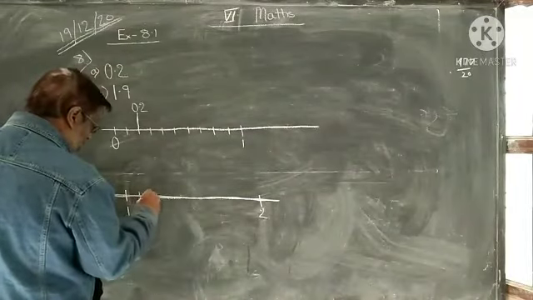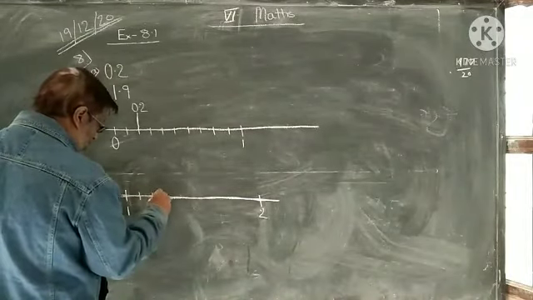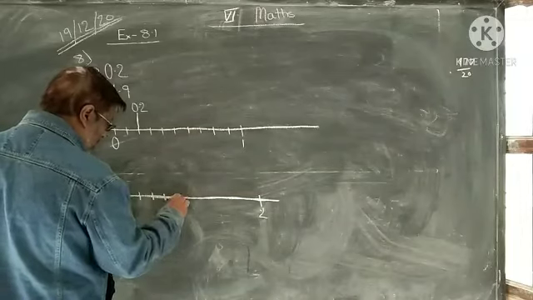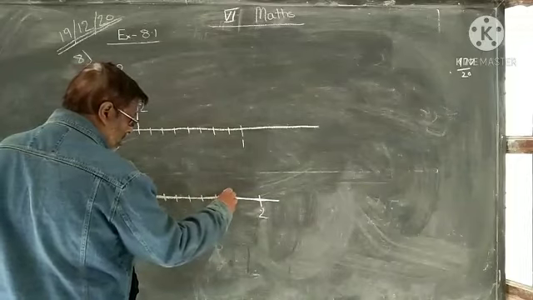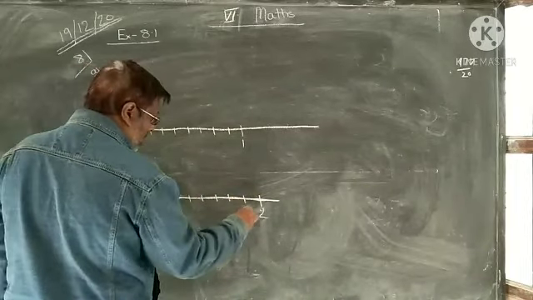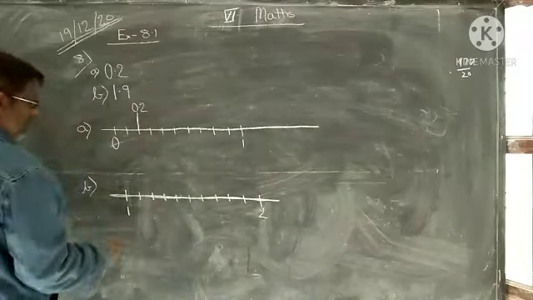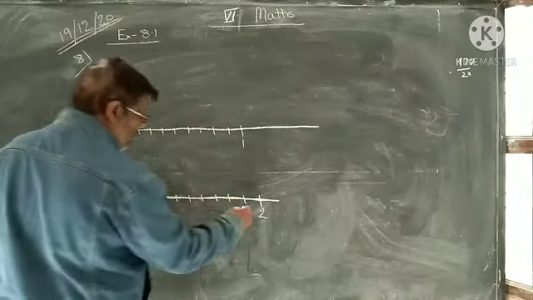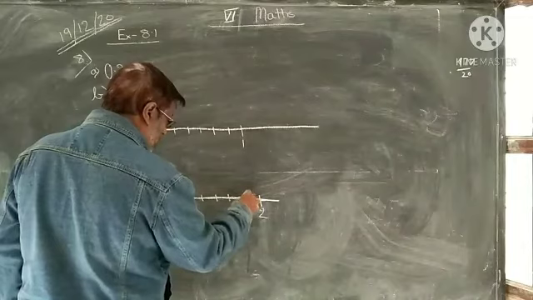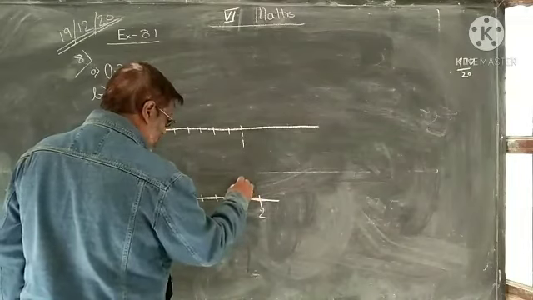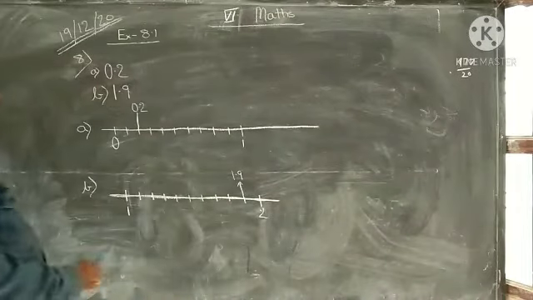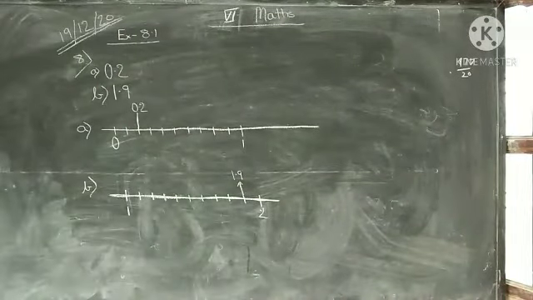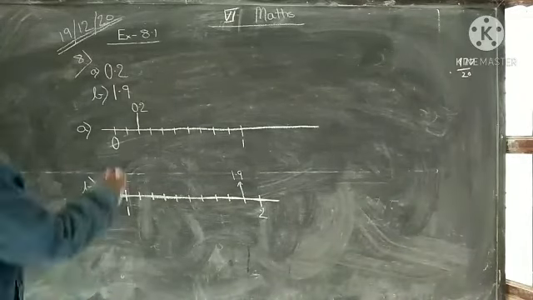Again, mark them in 10 different parts. 2, 3, 4, 5, 6, 7, 8, 9, and this one will be 10. So it says 1.9. So this one will be 1.9. I hope this is clear to all of you, and you can do this.